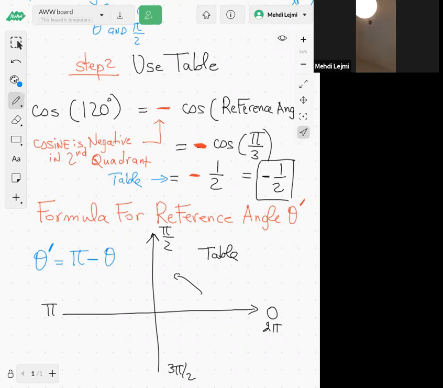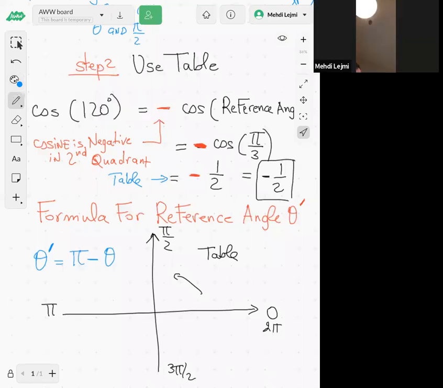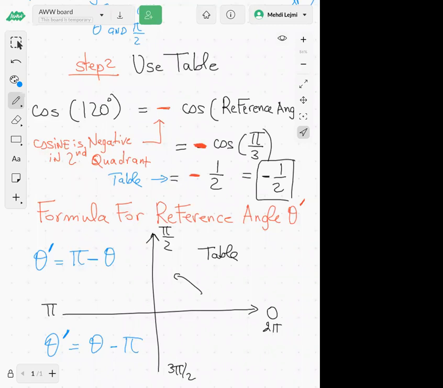Now, in the third quadrant, the reference angle is going to be the opposite. Theta prime is going to be theta minus pi, because in the third quadrant theta is larger than pi, larger than 180. You are between 180 and 270, so that's why we subtract pi.